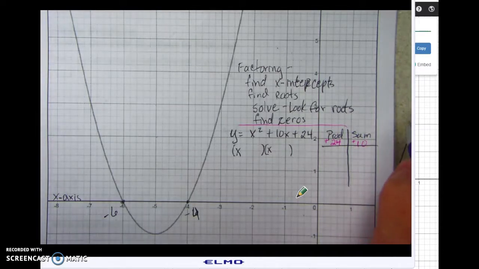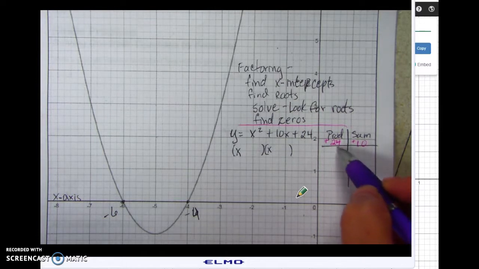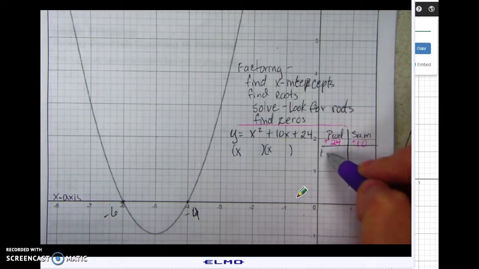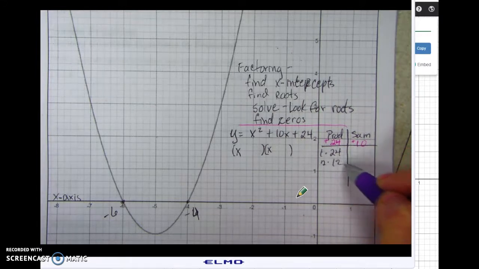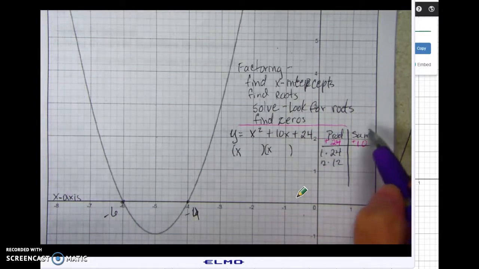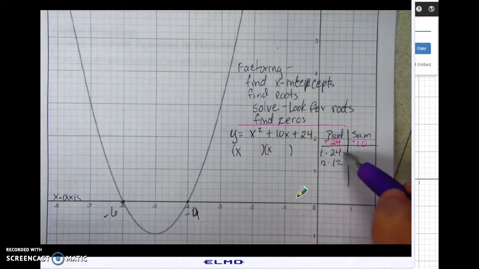So just to give you an idea, when we say look for those factors that equal 24, there's 1 times 24. There's 2 times 12. We're looking for every combination. It's much faster when everything is positive, but we even double this when it's negative, because then we've got combinations of negatives and positives.